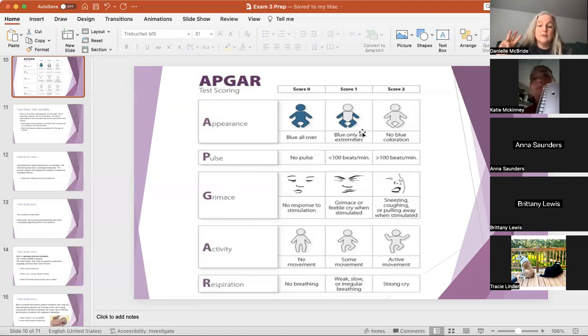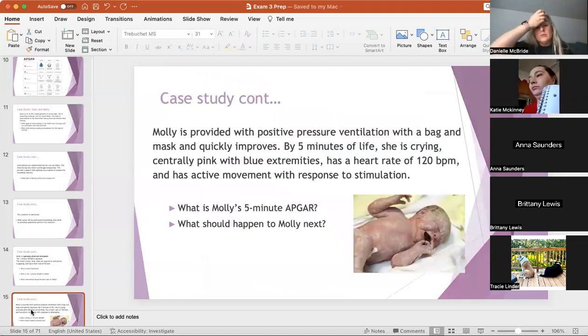What about grimace? She would get 2. What about activity? 2. And then what about respirations? 2. So what's her 5-minute APGAR? 9. Okay, so what should happen to Molly now?